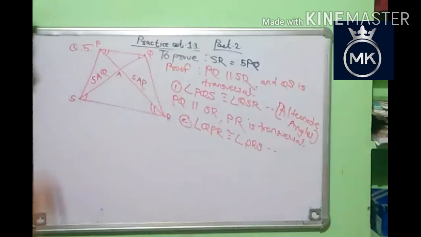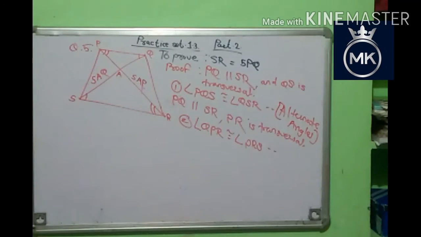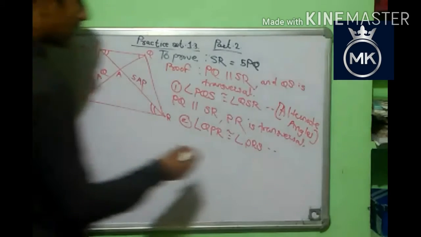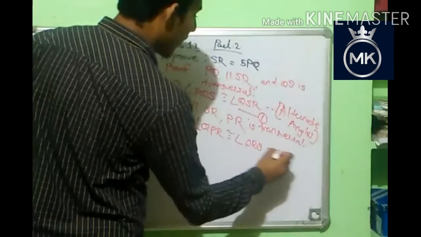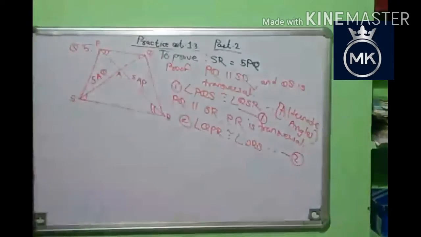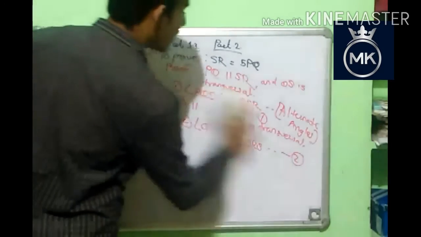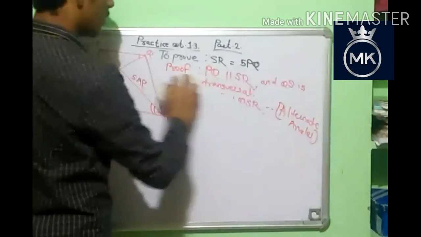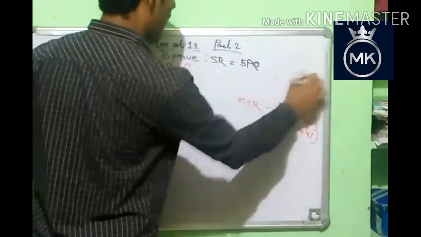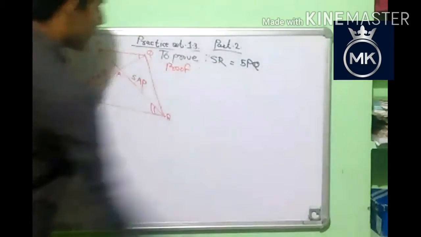The reason behind that is also alternate angles. So our first step is complete. I write number 1 for the first pair and number 2 for the second pair. So our step 1 to prove SR is equal to 5 PQ is complete.